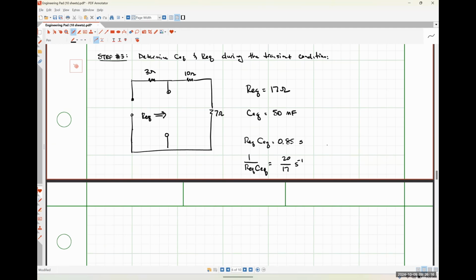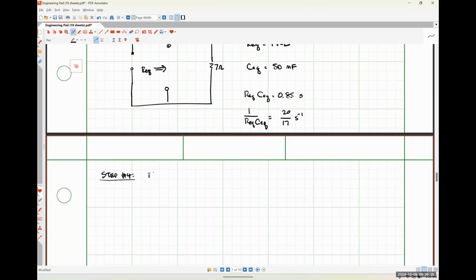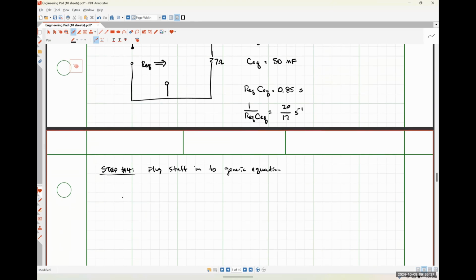All right, so step 4 is simply plug stuff in to our generic equation. So VC of T, so what was the capacitor voltage at T equal to 0 minus? 225 over 20, right?